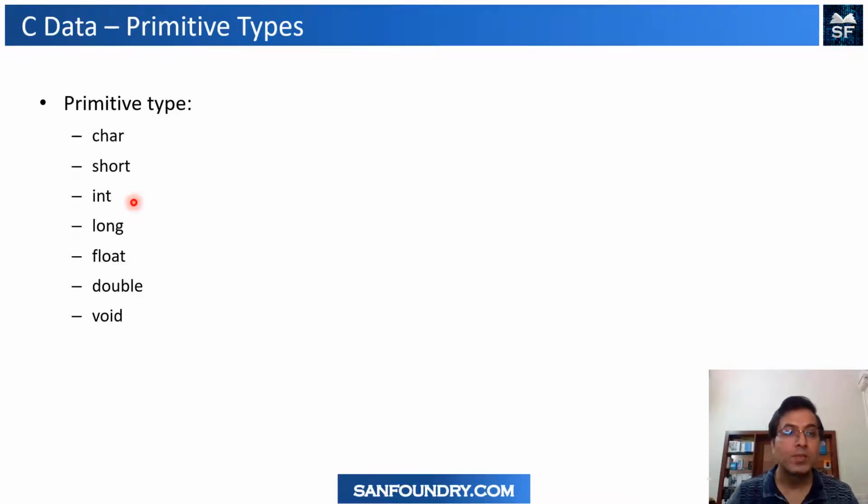Integer was for 4 bytes of storage, so you could store a much bigger number, up to 4 bytes of data. 4 bytes is 32 bits, so integer stores a 32-bit number. We had 32-bit processors for quite a long time, and then eventually we came out with 64-bit as well. So when you talk about integer and long, you might have read that they are pretty much the same.